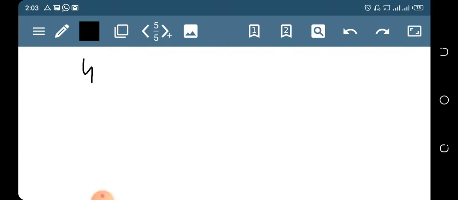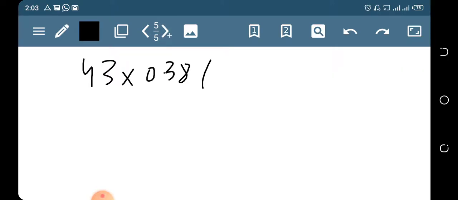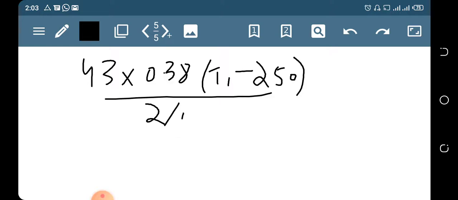So we can write the K value 43 multiplied by area 0.38, and (T1, which we need to find out, minus 250) divided by 2 centimeter, meaning 2 divided by 100.